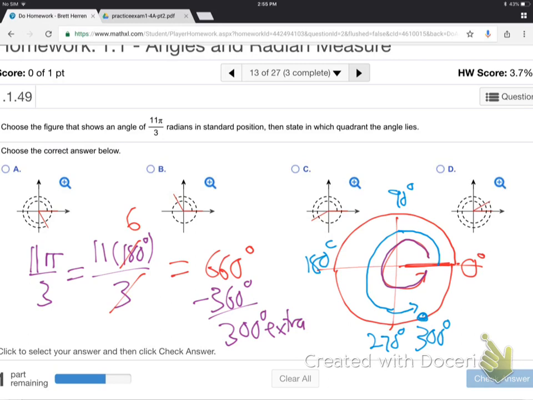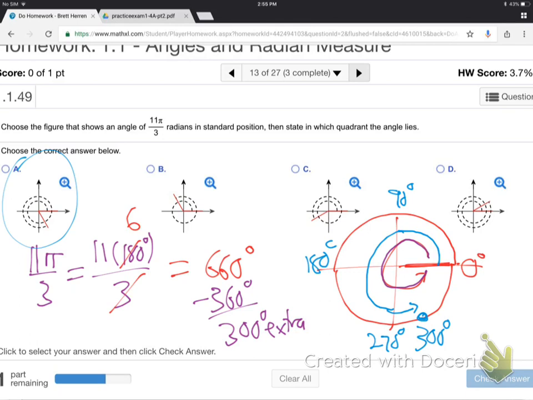Does everybody see what 660 is? It's a full 360 with 300 left. So I did a full 360 and then 300 more than 270. So it's down there. Yeah, it looks like A, doesn't it? See how A went all the way, kept on going to the fourth quadrant? So when you graph it, you gotta put the little Oh, no, it's multiple choice. Oh, okay. Yeah, you would just select A.